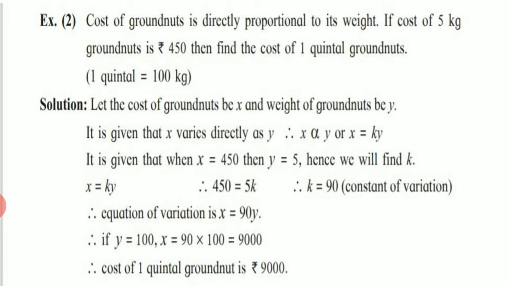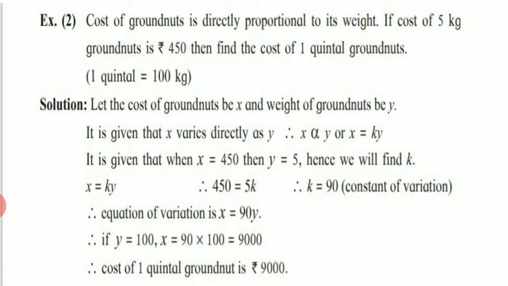The next example: the cost of groundnuts is directly proportional to its weight. If the cost of 5 kilogram groundnuts is rupees 450, then find the cost of 1 quintal groundnuts. Given, 1 quintal is equal to 100 kilograms.